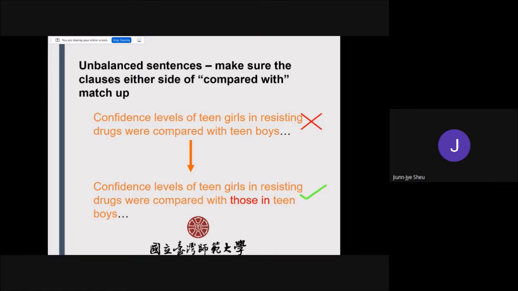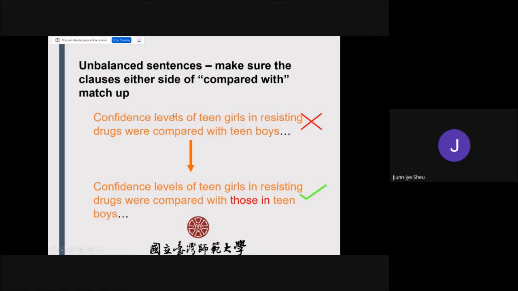And also avoid unbalanced sentences. You want to make sure the clauses on either side are matched up. So the first sentence is incorrect. It says that confidence levels of teen girls in resisting drugs were compared with teen boys. Okay, you want to compare teen girls' confidence level with teen boys' confidence level.